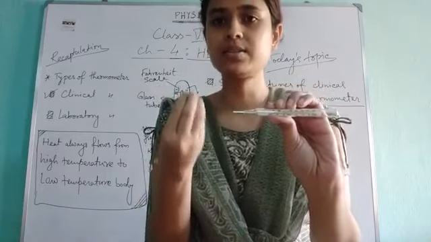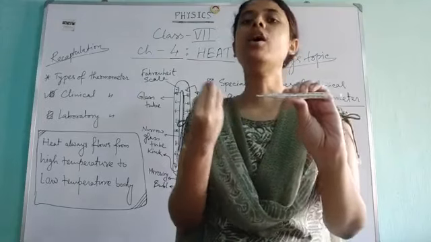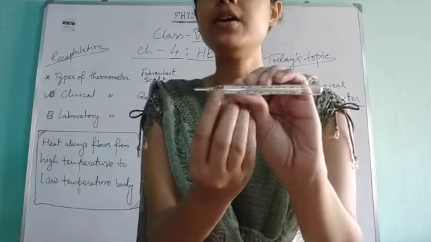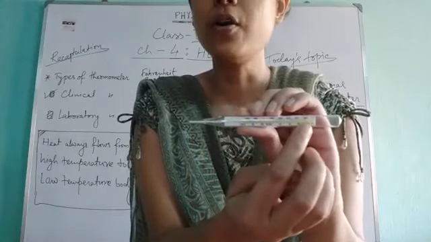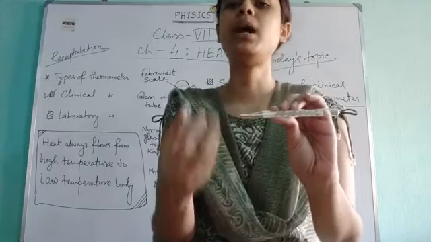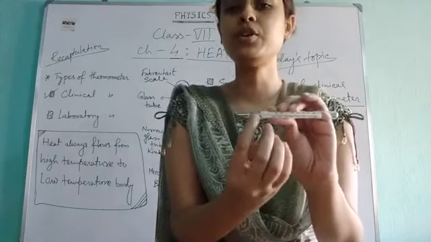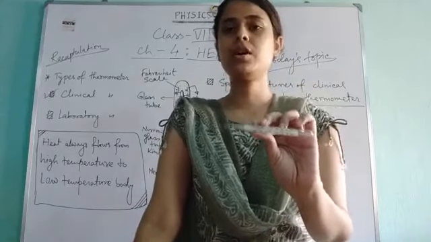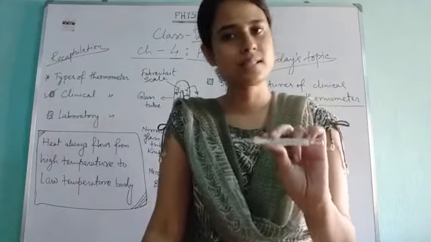It catches the hotness of the object or the body, and hence the mercury rises through this narrow tube. How much hot the bulb becomes, up to that temperature the mercury rises, and we can read the temperature using either of the scales.